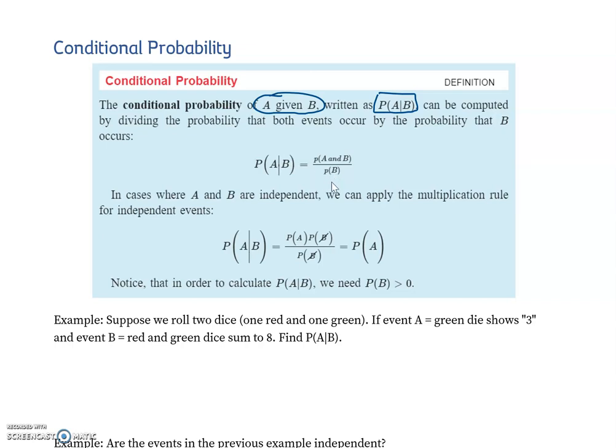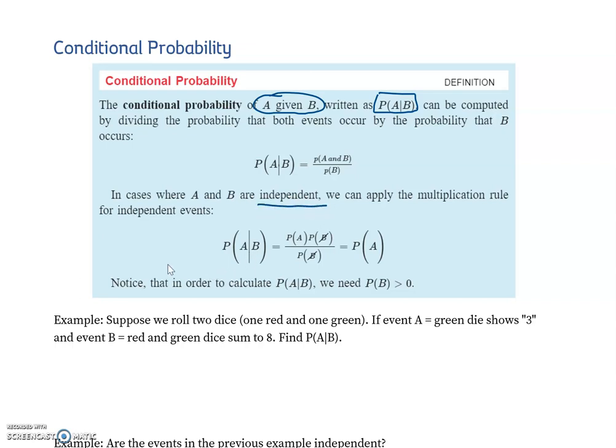Instead of all outcomes being possible, we're only looking at the cases where B has already occurred. So we narrow down by the probability of B already occurring, and then tack on A being a part of that. That's just a conditional probability. I'm going to come back to the part where we address independence in just a moment.